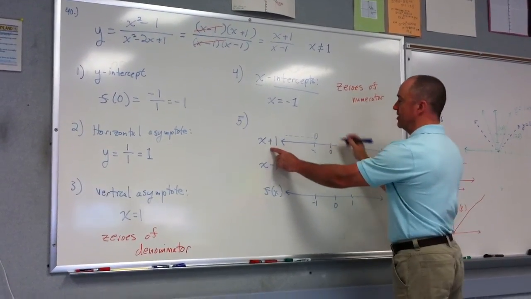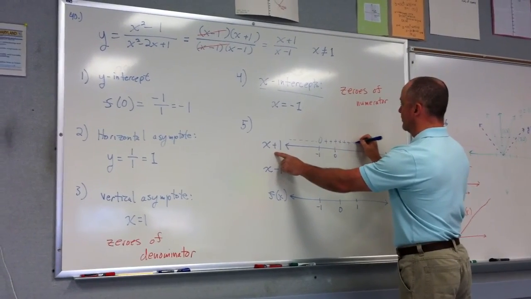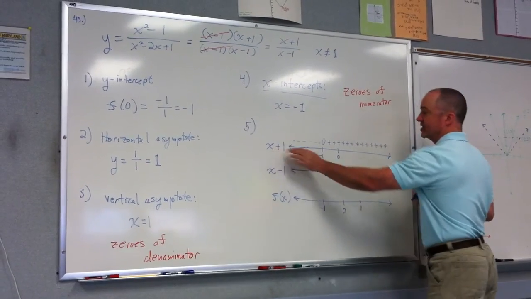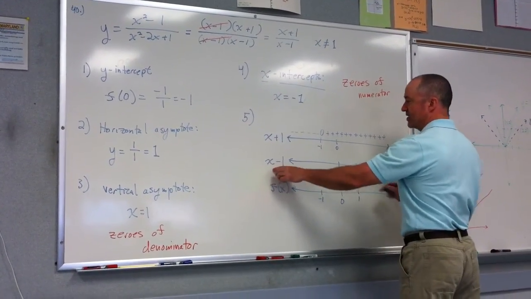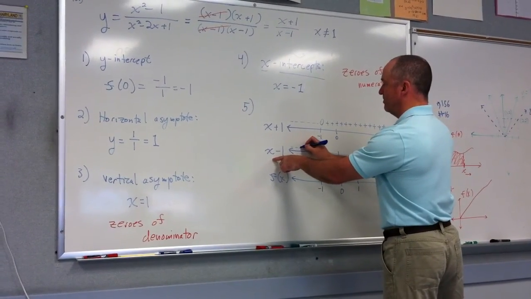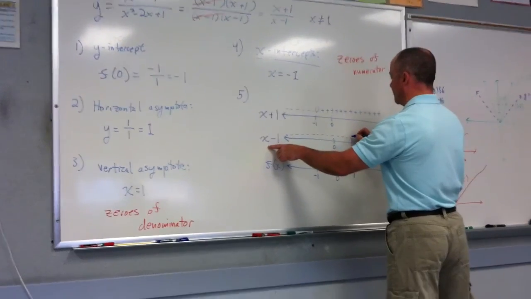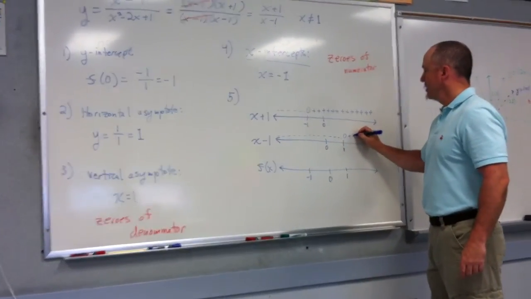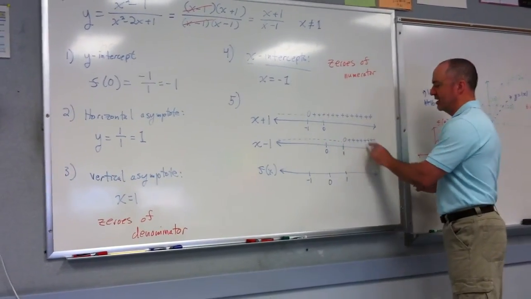If x is larger than negative 1, then this binomial is positive. For x minus 1, that will be negative if I plug in any x value less than 1. That will equal 0 at 1. And if I put any x value in greater than 1, I get a positive number.